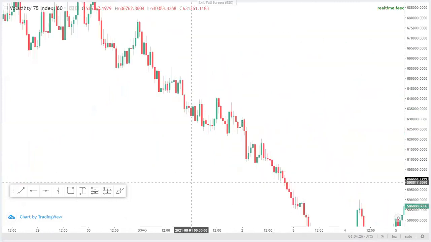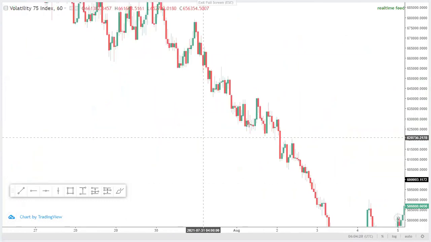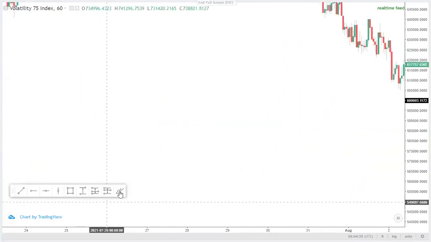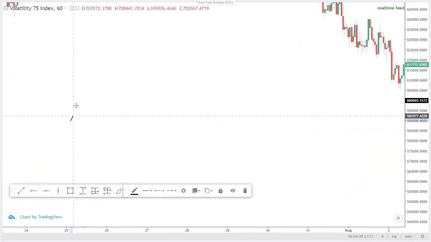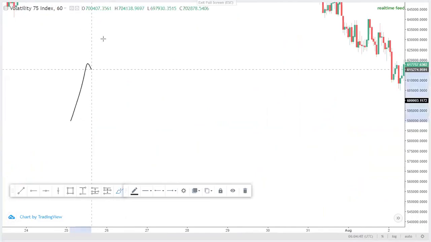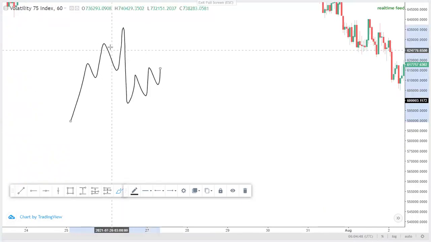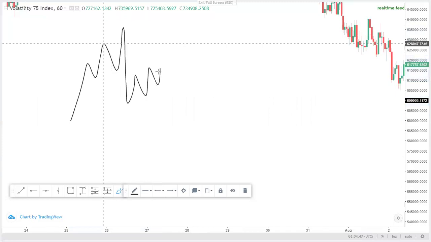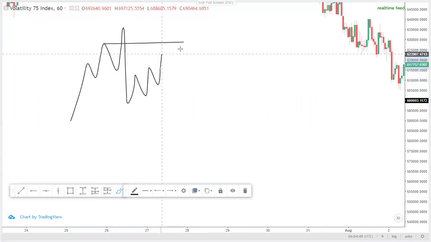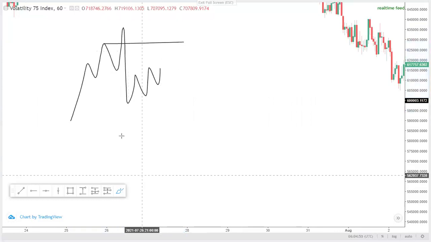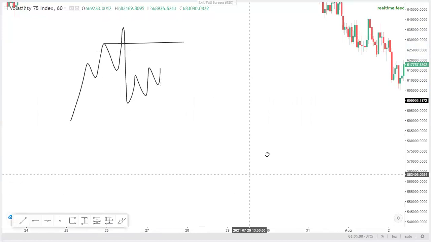And also another example on invalidation points. It's not a must for an invalidation point to happen straight away on the same market structure at the same time. Like this example, we've been talking like this is our invalidation point, right? Sometimes this can even take a week or even a month or even a year. It depends on what time frame you're trading.